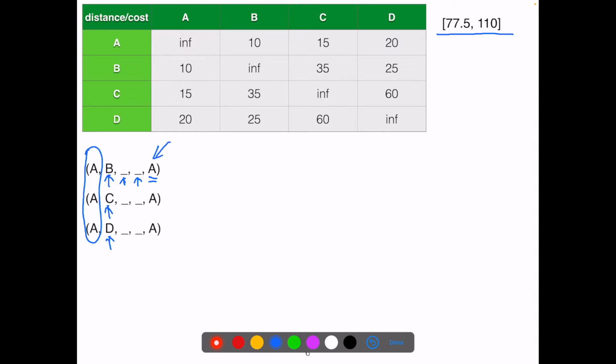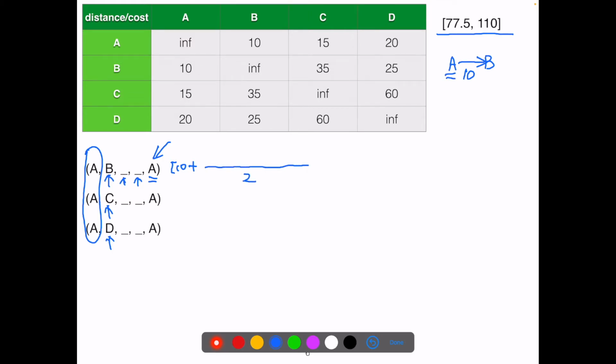For the first partial solution, we only have one edge decided. That's going from A to B. The cost is 10. So that's the cost so far. You can write it here, 10. And then the same thing for the rest of the edges.